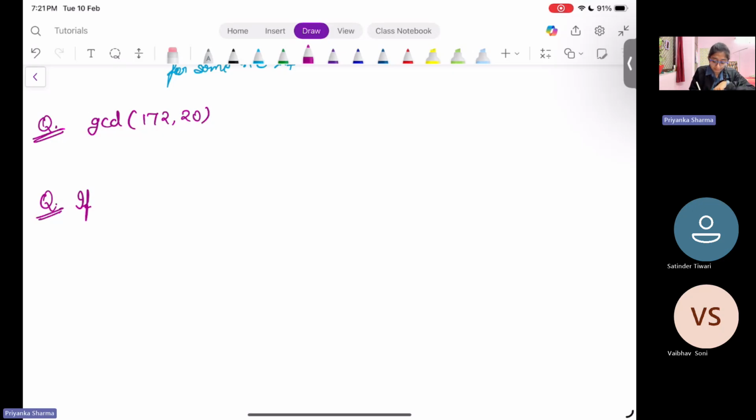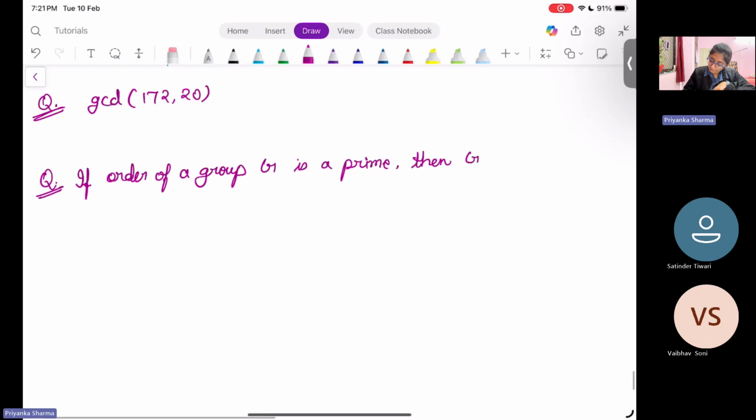Consider a statement: if the order of a group G is prime, then G is cyclic. So is it true?